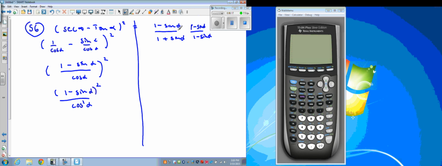That would make that numerator 1 minus sine alpha, the quantity squared. So I'd have that much right. My denominator, I have 1 plus sine, 1 minus sine. That's 1 squared minus sine squared alpha, right?